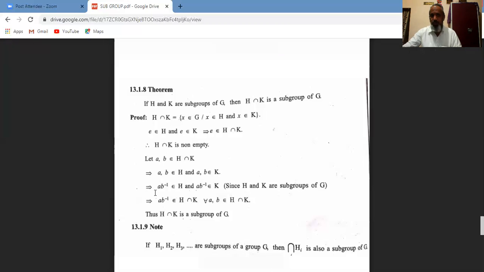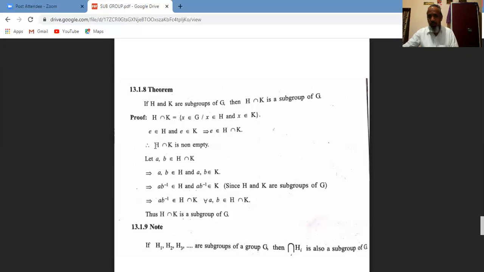So a b inverse belongs to H intersection K for all a, b in H intersection K. We have taken two elements in H intersection K and we are getting a b inverse in H intersection K, which is nothing but H intersection K is a subgroup of the group G.